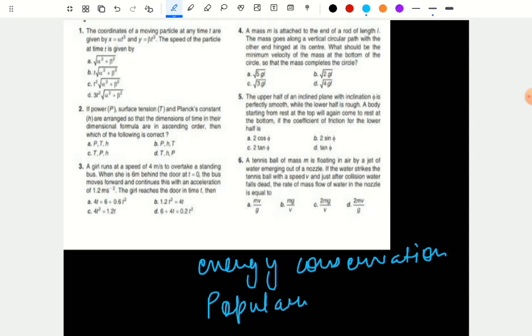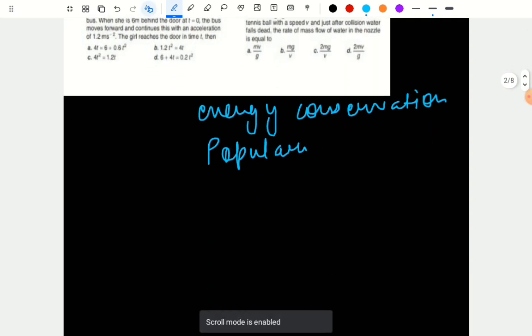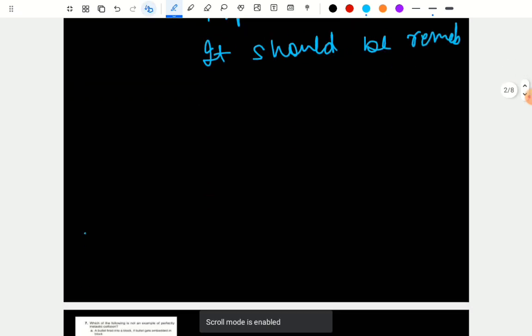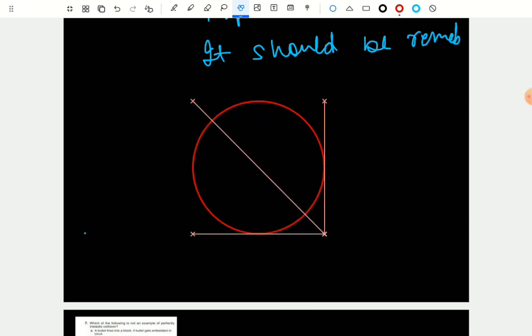It should be remembered that, let's say, when there is a hinge, let's make a circle first.